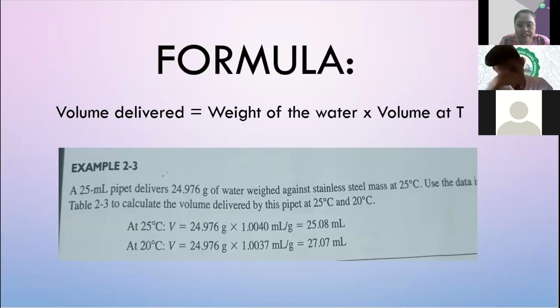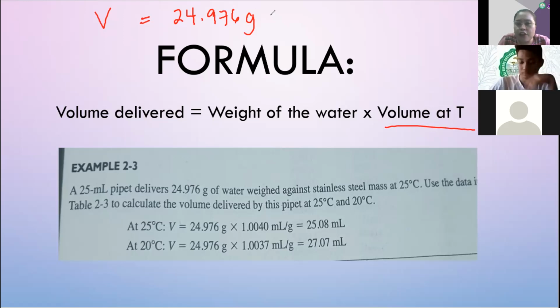At 25 degrees Celsius, again, volume delivered is equal to the weight of the water. Remember, the pipette delivered 24.976 grams. Then we multiply it by the volume at temperature. Let's start with 25 degrees Celsius.